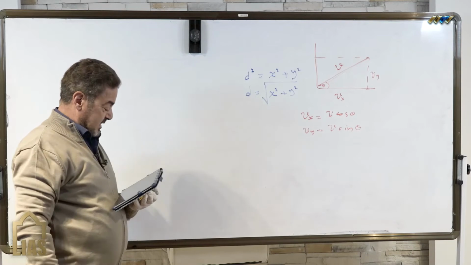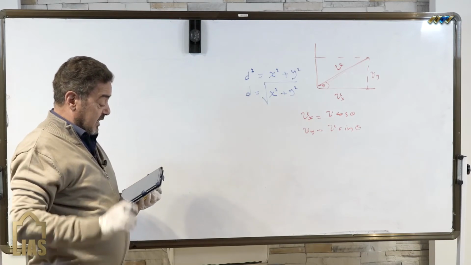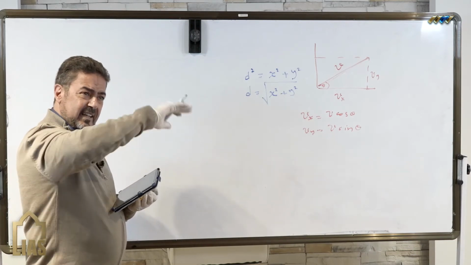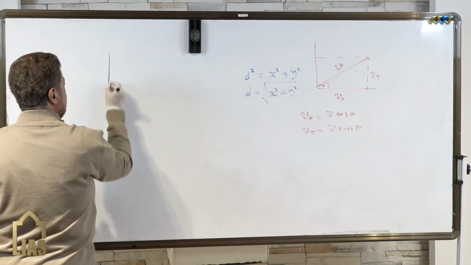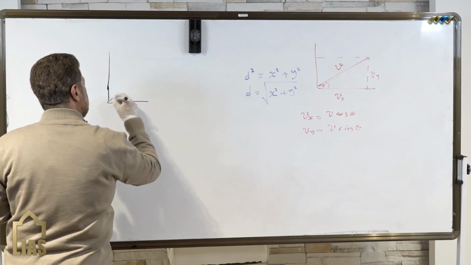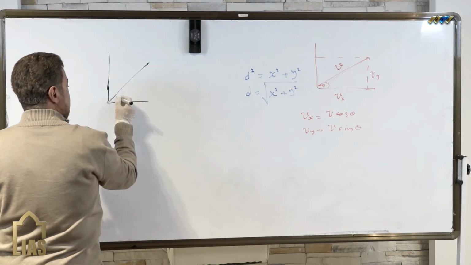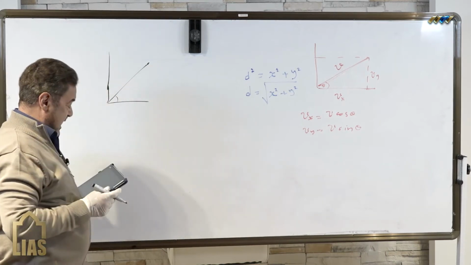It says that the slope of this diagonally, when they say diagonally, that means making a certain angle.